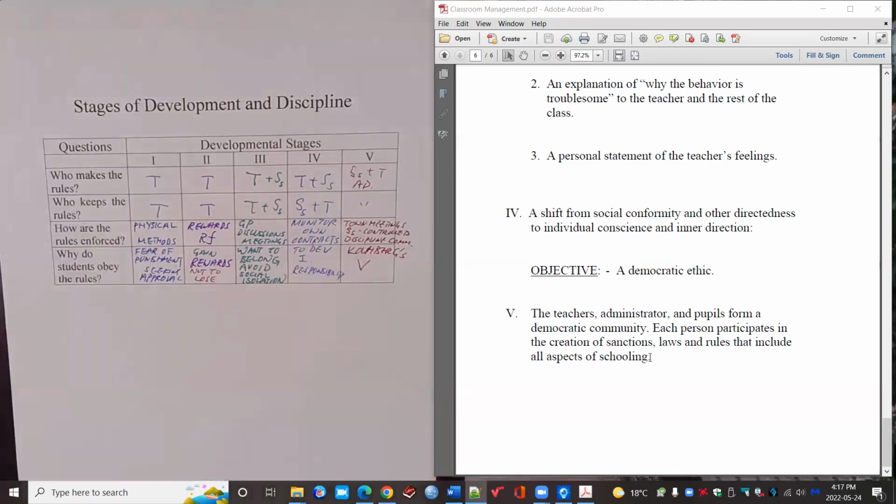So out of an understanding of principles of justice and the meaning of a democratic community of rights and responsibilities. Okay, so we have finished this here. Finished all the 5 stages.